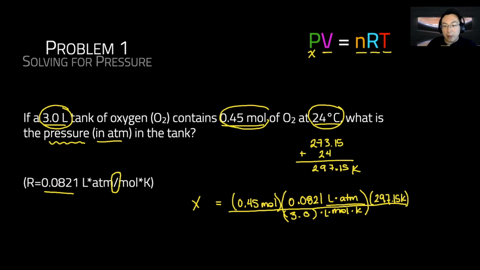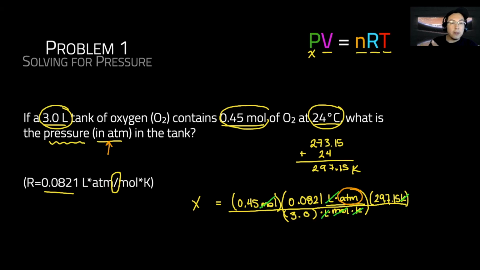Because we have liters on the top, we can get rid of those. We have moles on the top and the bottom, and we can get rid of those units. And we also have Kelvin on the top and the bottom. Which unit is going to be remaining? Atmospheres. Which unit are they asking us for? Atmospheres. So far it makes sense.